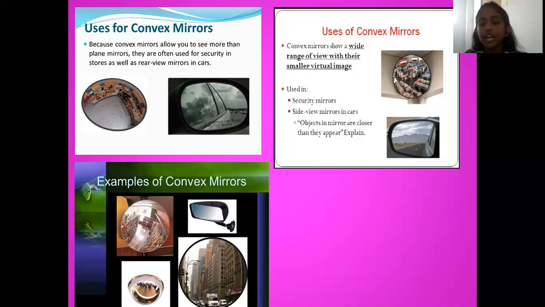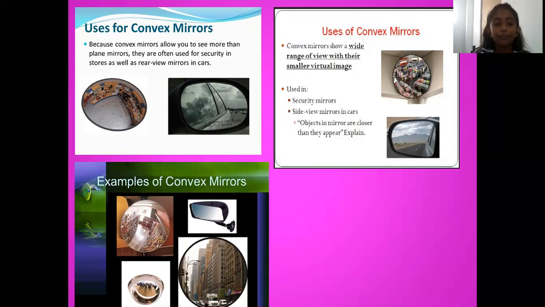So they are used in security mirrors, side view mirrors, and also, objects in mirror are closer than they appear. So that's a little explanation. Objects in mirror are closer than they appear in convex mirrors.